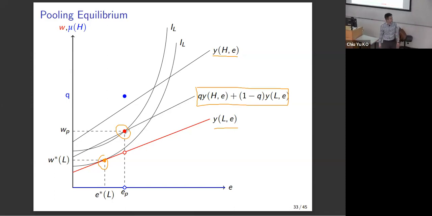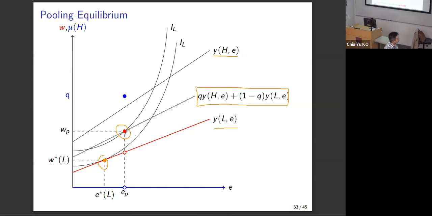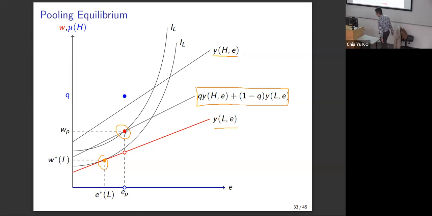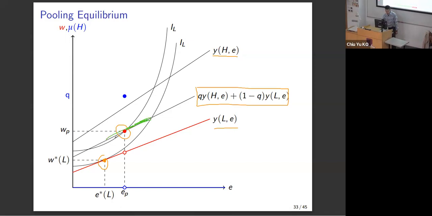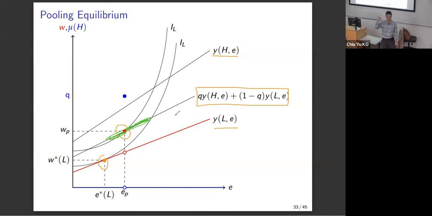You can pick whatever point, there are many equilibria there. And you may ask what the possible cases are. As long as you choose the wages along this up to the green, it's fine. All the green here are fine. You cannot be above the green.